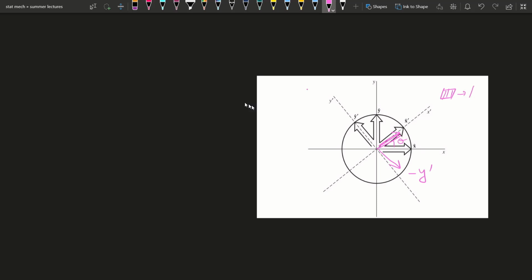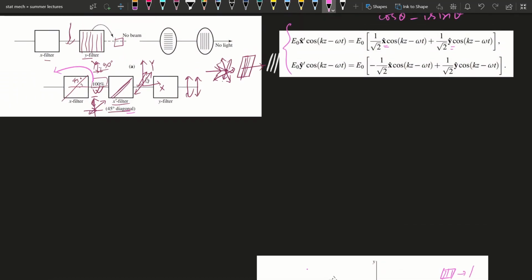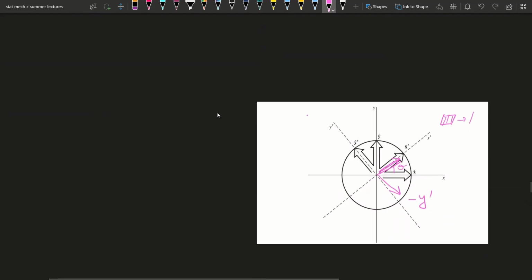After that, the beam here is the x component beam. Now this x component can be divided into two components, this and this. So this x dash can be divided into this and this.